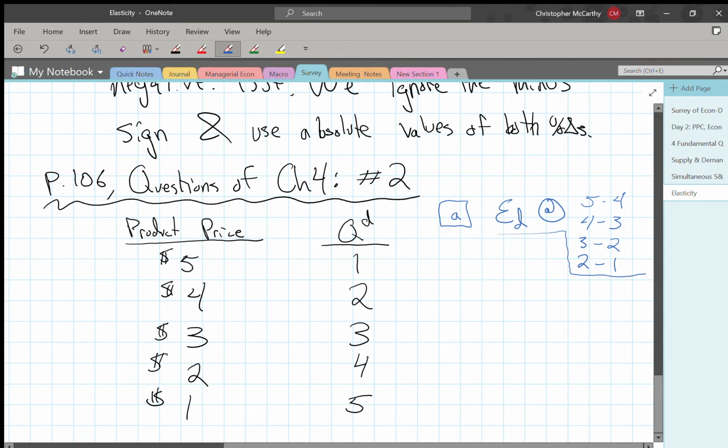So let's go ahead on your own, go calculate what are the price elasticities of demand for all of these different demand points. We can graph them real quickly.